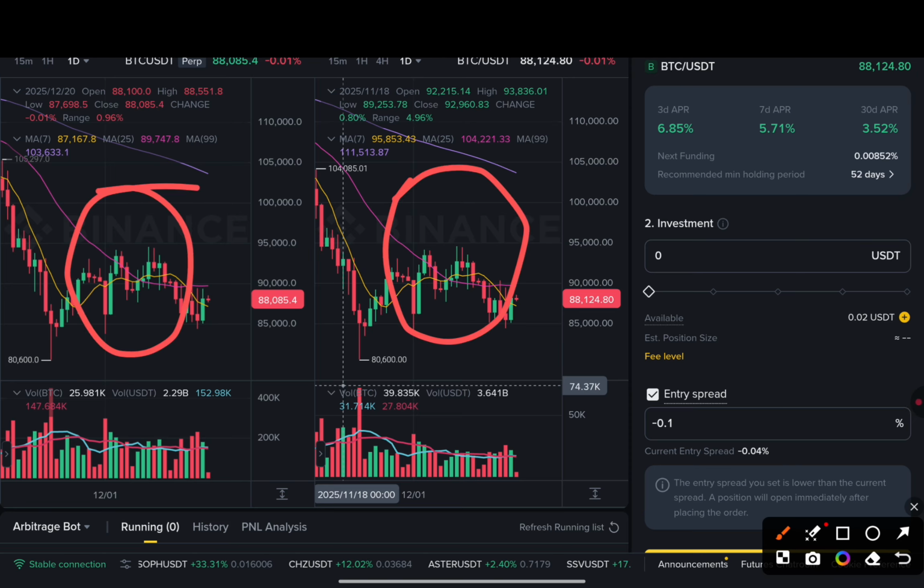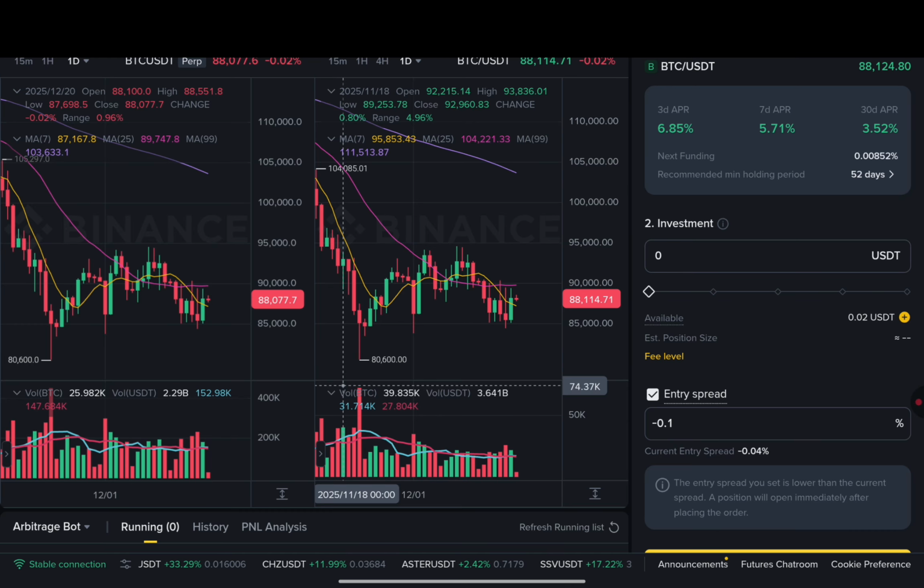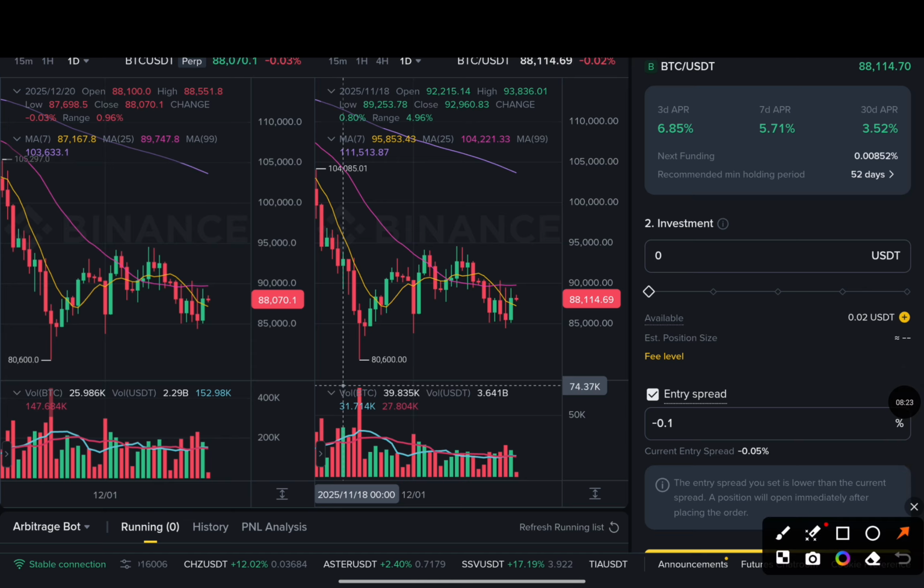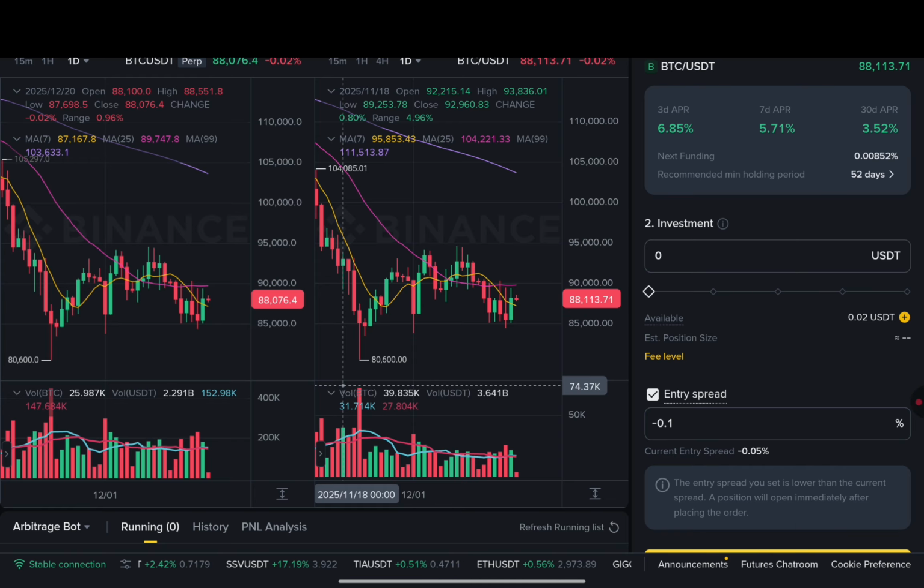I have the spot market over here, which everyone knows as the spot market. When the price of BTC over here is higher than the price of BTC over here, the bull traders, those people who are entering long, who are trading the market to go in the upward direction, are going to be paying funding fees to the short traders, those people who are going short, right?